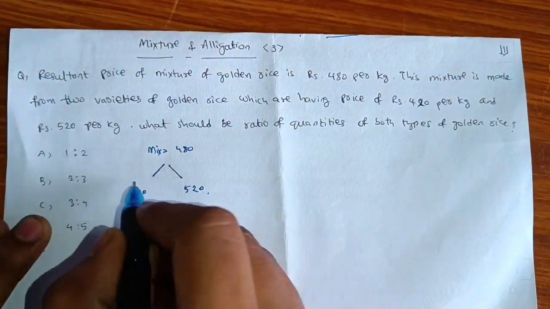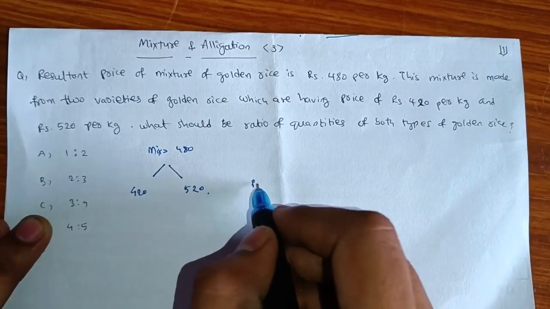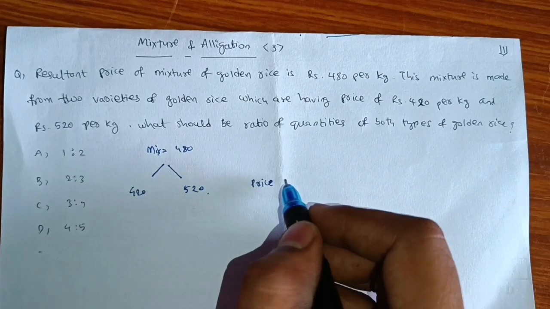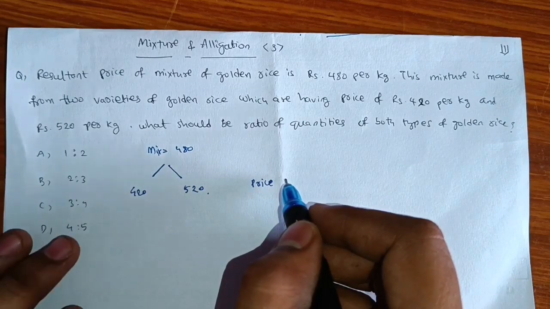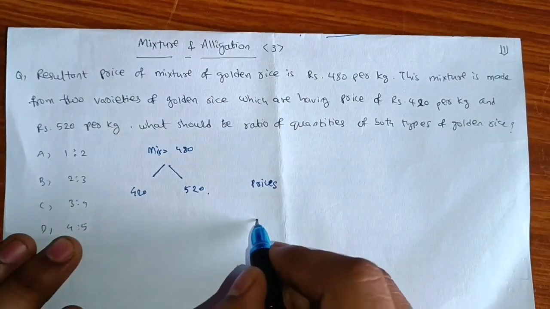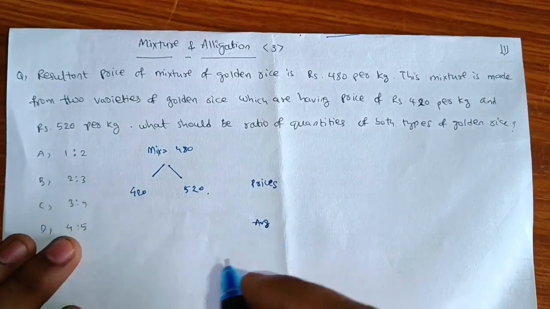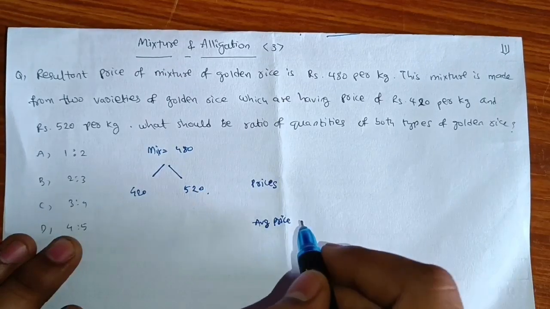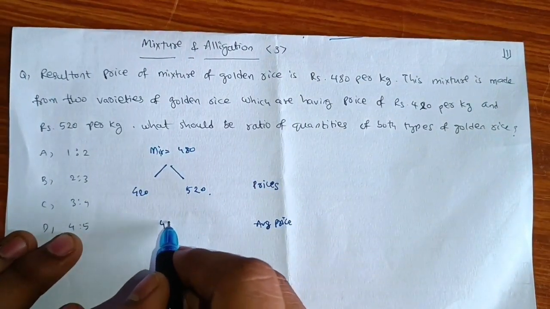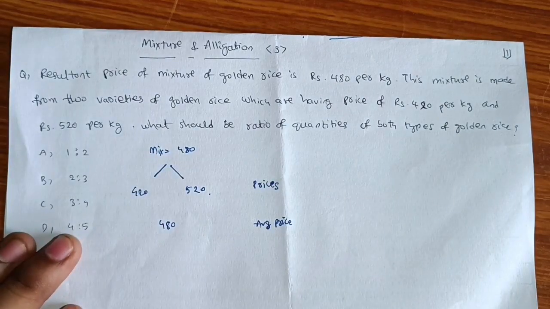Here, in this row you need to write the prices of the varieties. Every time we have two varieties only, and you need to mention their prices. Here you need to mention the average price, or the mixture price. So the mixture price is 480.